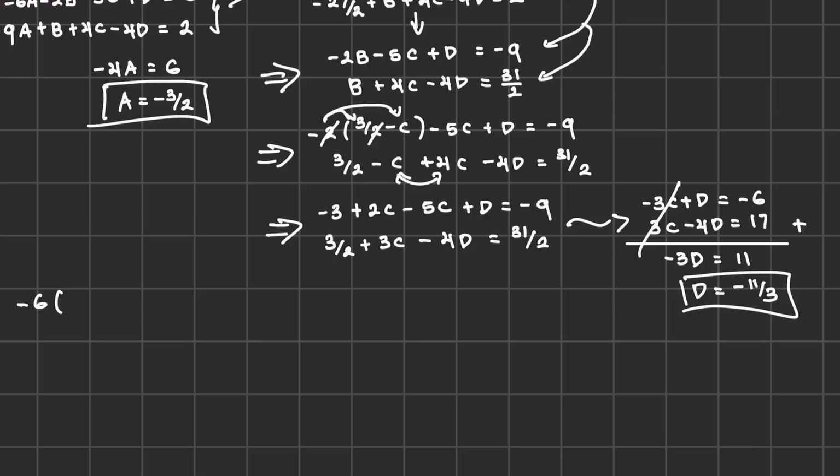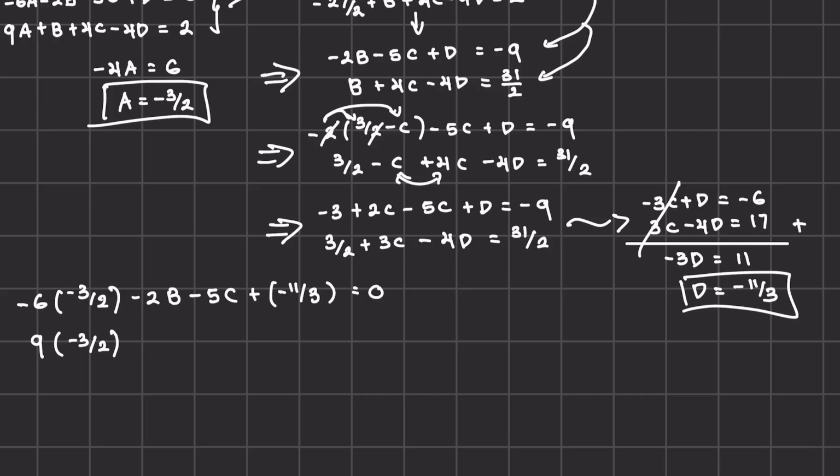So -6 times -3/2 minus 2 times B, which is just B here because we do not have the B yet, minus 5C plus -11/3 equals 0. And then our second equation, we have 9 times A. Our A here is just -3/2 again.